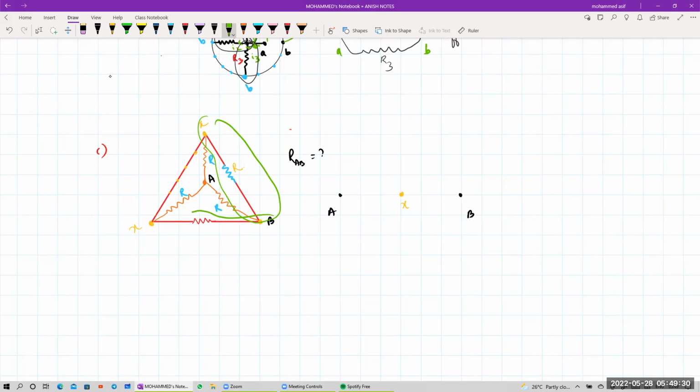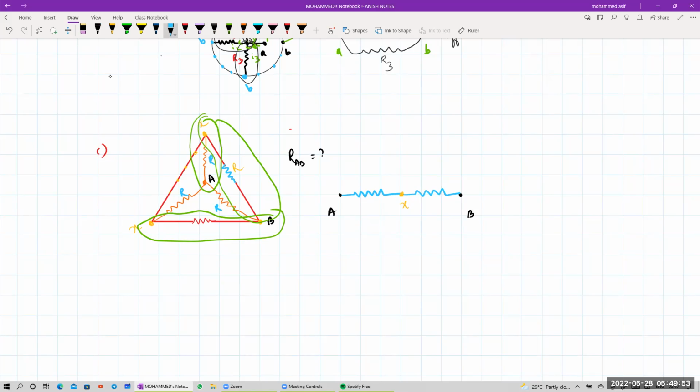For this B there is an X connection, for this A there is an X connection. Now tell me, between A and X there is one resistance, beta. Yes sir. So I can write one resistance here. Between X and B there is one resistance, so between X and B also one resistance, isn't it?